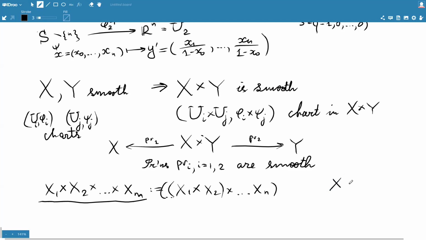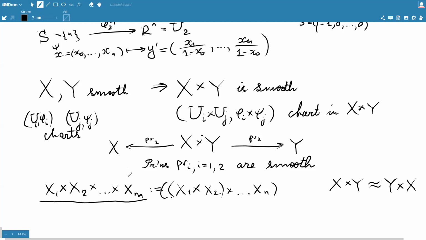And of course, this operation is commutative in the sense that X cross Y is diffeomorphic to Y cross X. Diffeomorphism, contrary to homeomorphism, is denoted by these two tildes, two curly symbols.